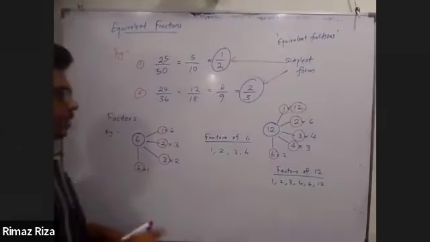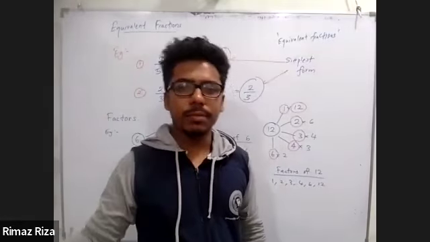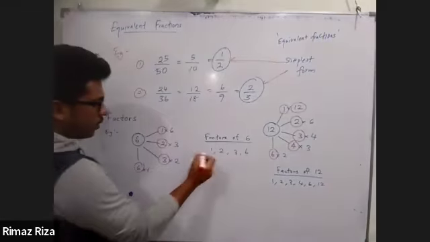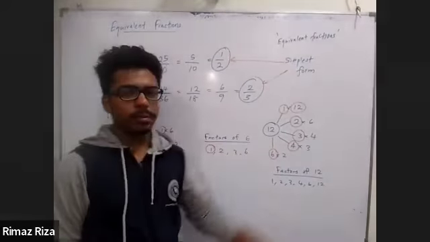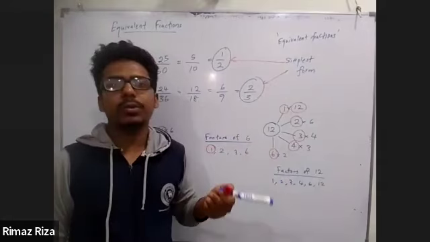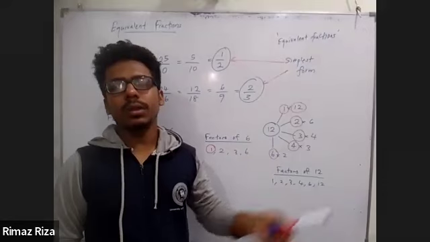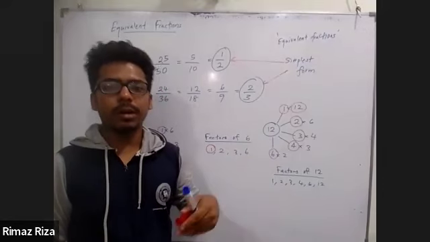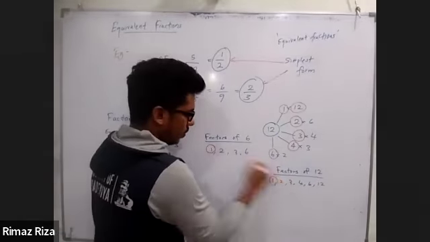Now here, whatever number you take, 1, 2, 3, 4, 5, any number, the 1 is trivial. 1 will be there for every number, because if you take 11, you can write 1 into 11. 32, 1 into 32. 215, 1 into 215. So 1 is always there, right?